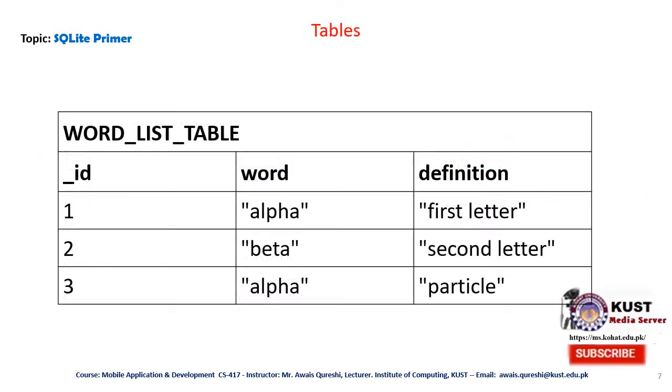So here is an example of a table. A table looks just like a spreadsheet. Here you can see the columns like _ID, the word and the definition, and these are the rows. Every column has a unique name, and every row has a unique ID.